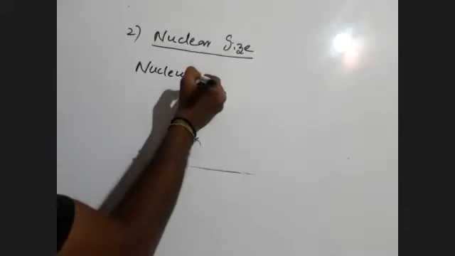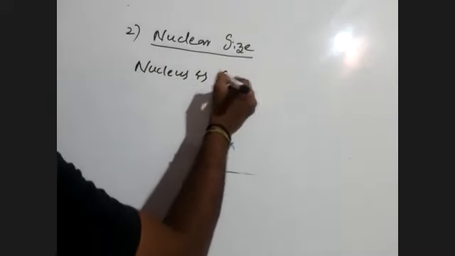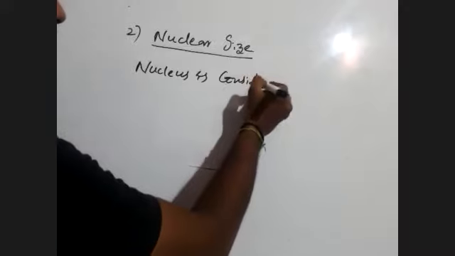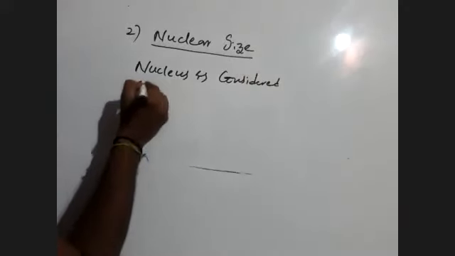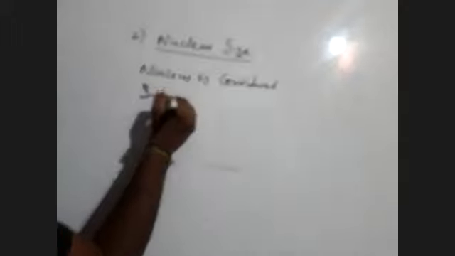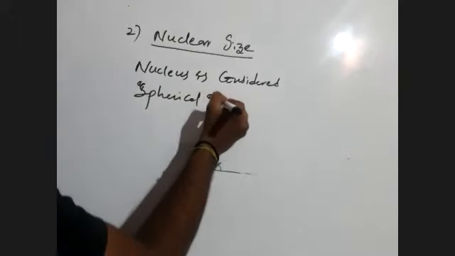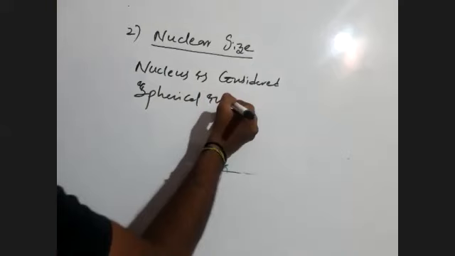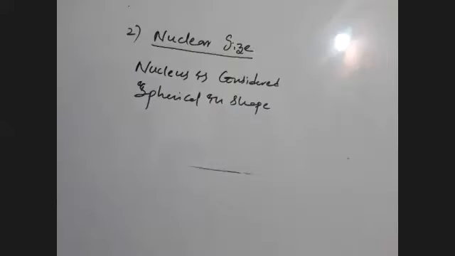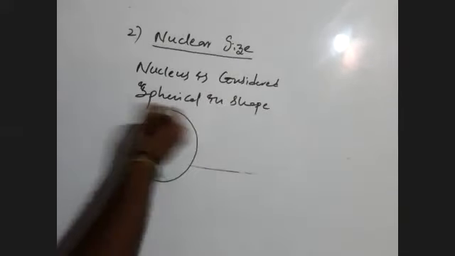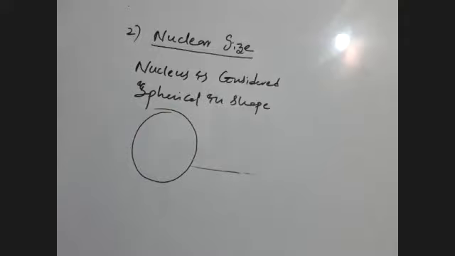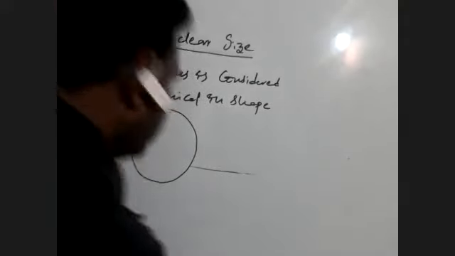The nucleus is considered spherical in shape. Whether it is a perfect sphere or not, we say the nucleus is considered a solid sphere, spherical in shape.